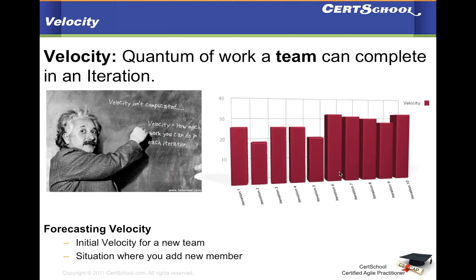Also, one more thing to keep in mind. I know I'm going a little more on velocity, but it's such an important concept. Velocity is not directly proportional to the productivity of the team. Okay, so productivity is a different attribute altogether.